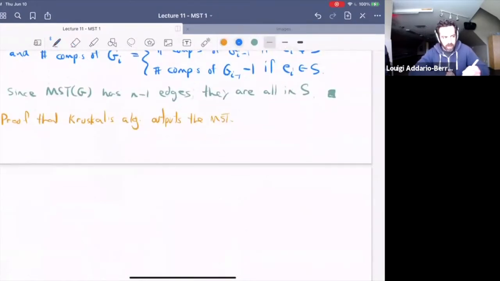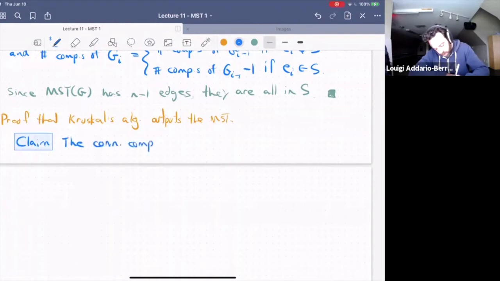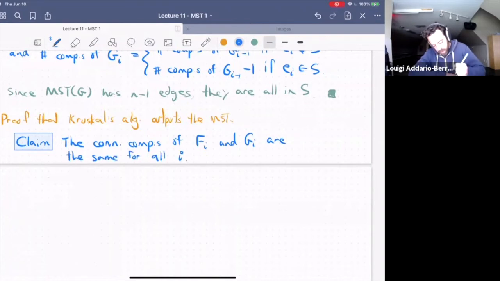Right. So the key is the following. The connected components of F_i and G_i are the same for all i.